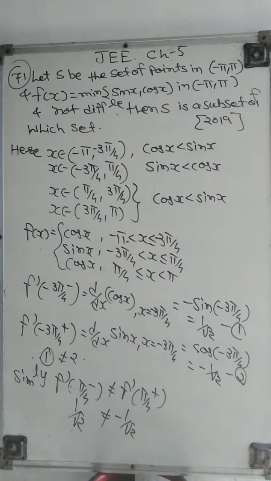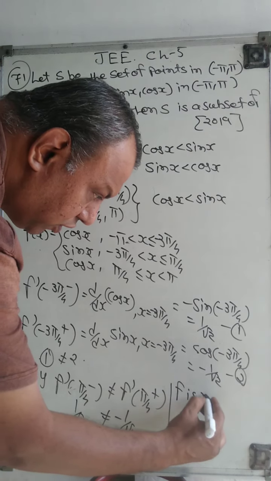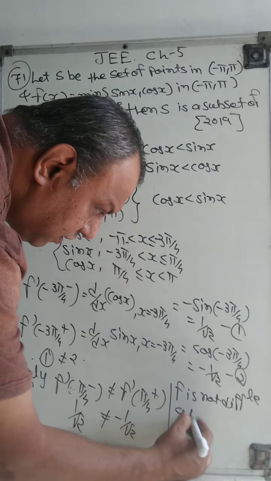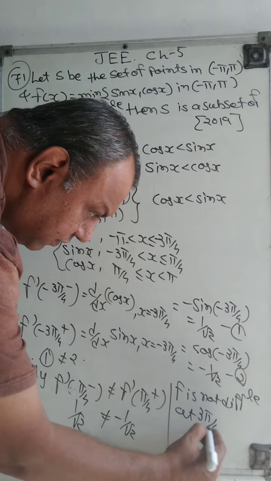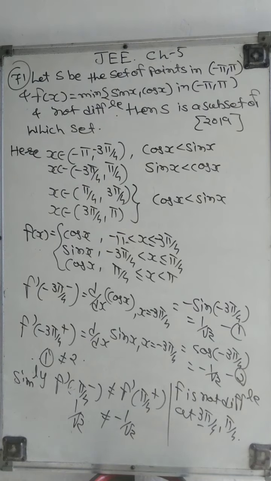So therefore we can say that this function is not differentiable at minus 3 pi by 4 and pi by 4. Right? So this is the answer of the given sum.